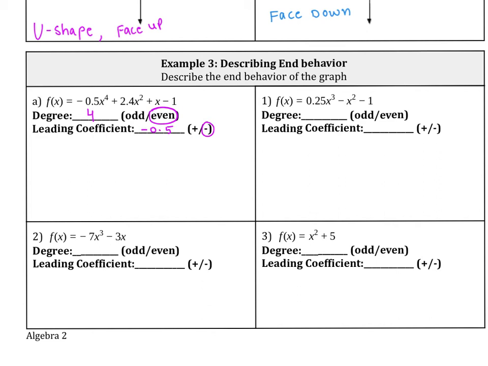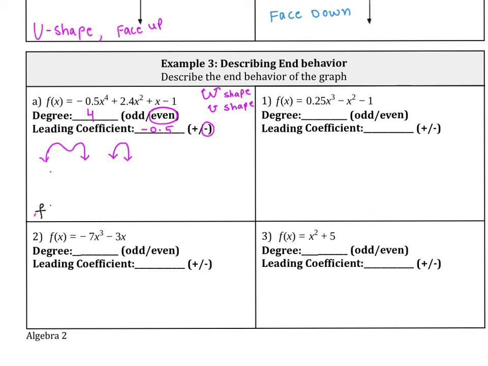It means this is going to be a U or W-shaped graph. If it is a W or U-shaped graph, we have to determine the direction, and it's going to face down. So these are the type of graphs that you are looking at. Both of them for y value are going to negative infinity.